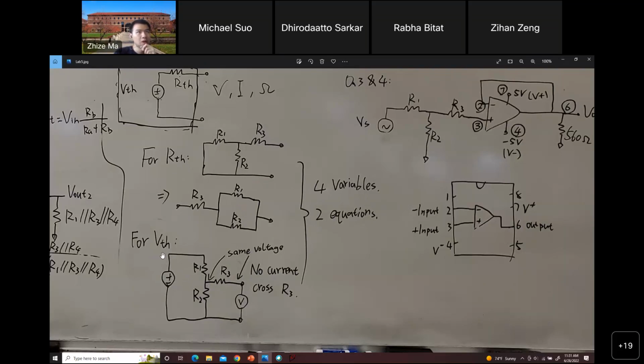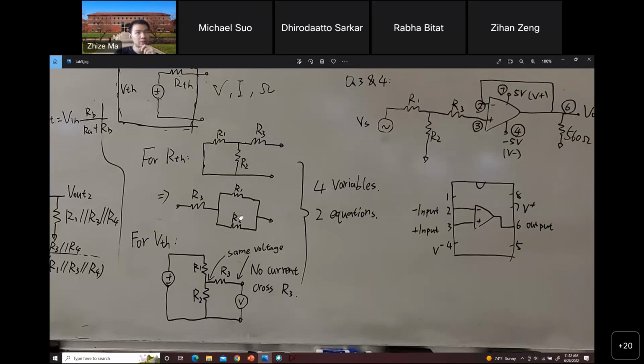Ideally, you can have many answers, but make sure for the R1, R2, R3 resistors, you have them in the lab kit. Even if you don't have them in the lab kit, you can probably put two resistors in series or in parallel. You can make the resistance that you want.